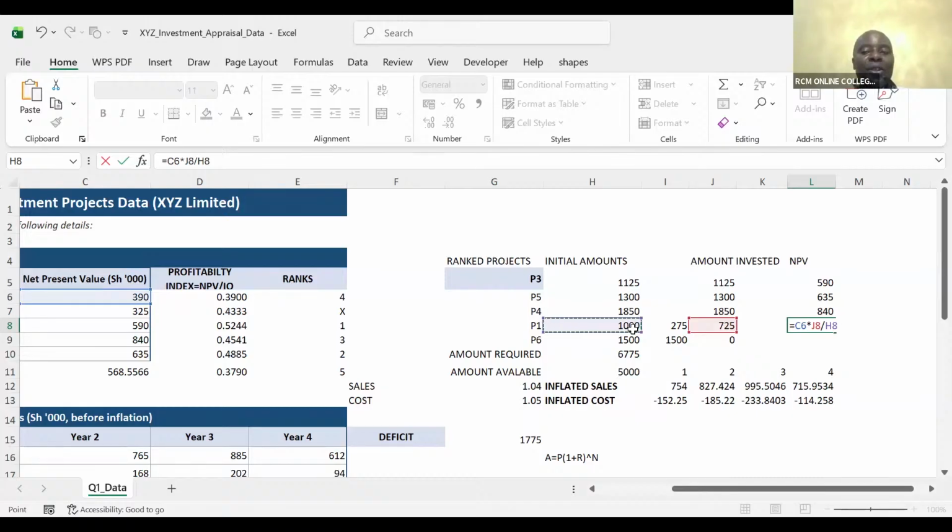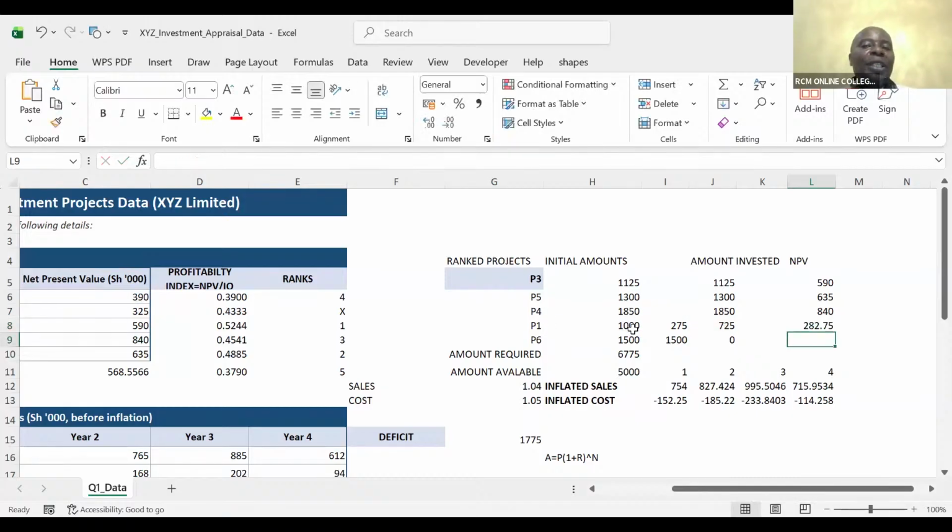All right. So then this one, ladies and gentlemen, I'll be able to get that NPV there. Then, of course, P6, I never invested at all. I expect a 0 there. So now I come here and I say alt equals, I'll be able to get the total NPV coming as 2348. Bold.